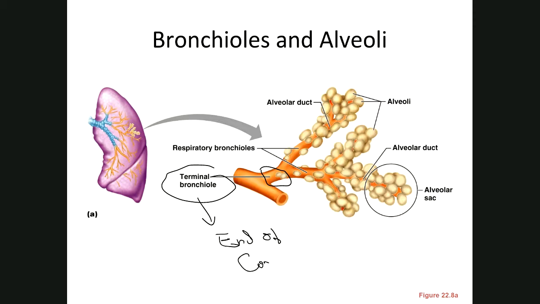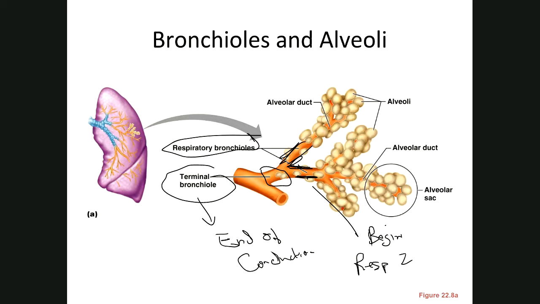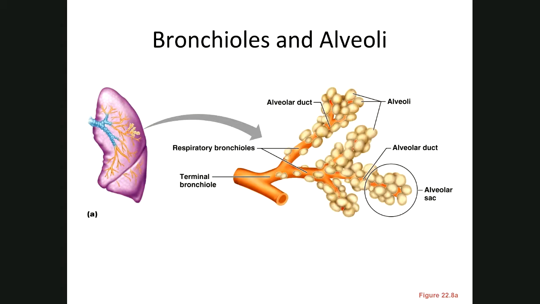The next bronchiole that we have is called the respiratory bronchiole. That's these right here, and they are the beginning of the respiratory zone. The respiratory zone includes the respiratory bronchioles, the alveolar ducts, and the alveoli.